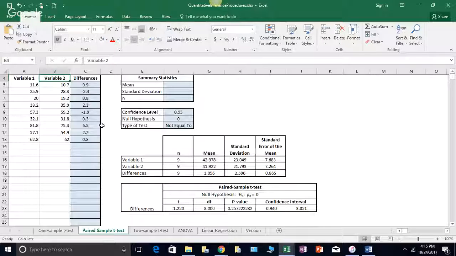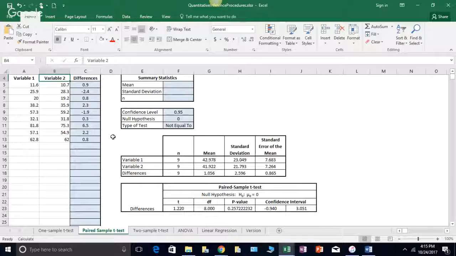Whenever I went in to do the, I can't remember what it's called, the weight loss thing, I don't know if you looked at that one, the variable 1 and variable 2 were switched. When I first put them in, I did variable 1 for the first line and variable 2 for the next line, and all the numbers were the same except they weren't negative.